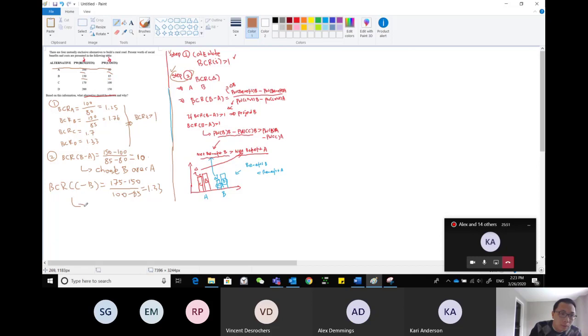So this one will lead to the conclusion of choose C over B, right? So we'll keep C. Now we exclude alternative B. And we keep doing that for the last option between C and D. So that will be D minus C. So that will be 0.6. So it's less than 1. So we'll keep C.